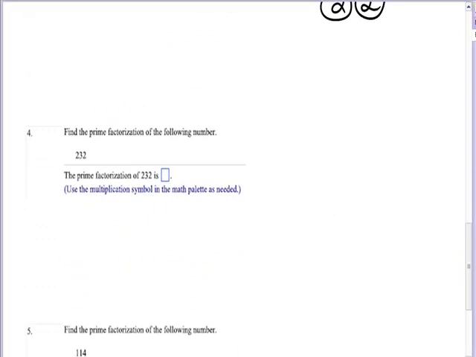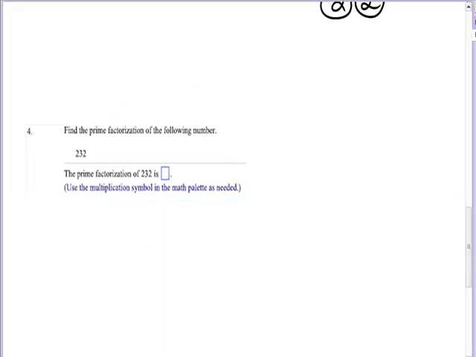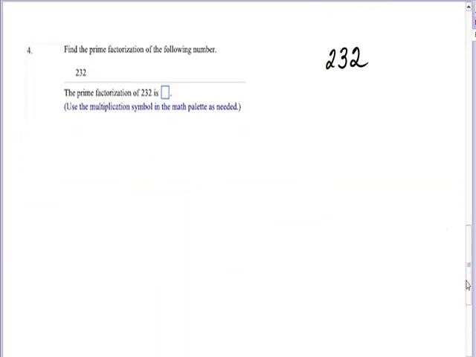The next one, the number's a little larger. It's a good idea to have your calculator handy. I have 232. Well, I don't know factors of 232 off the top of my head, but I do recognize that this is an even number because it ends in a 2. So I'll divide it by 2, and 2 is going to go in there 116 times, and that's a prime.